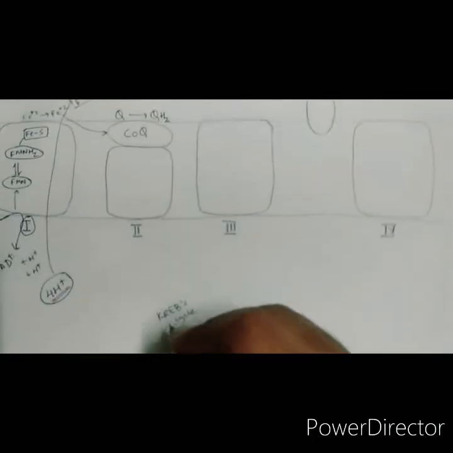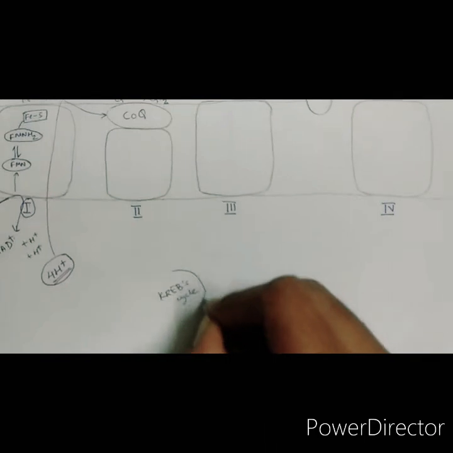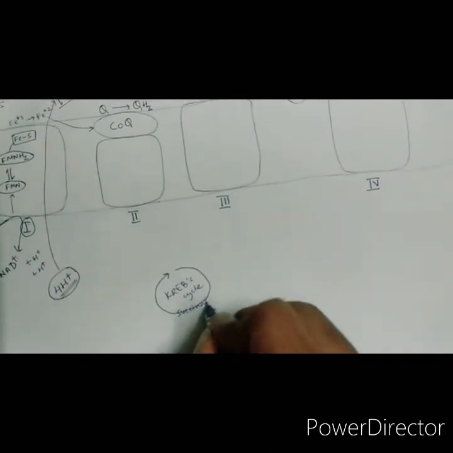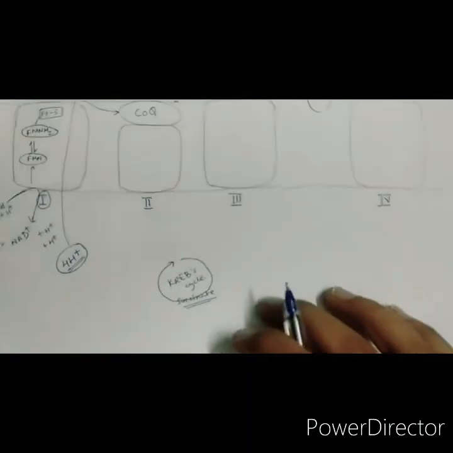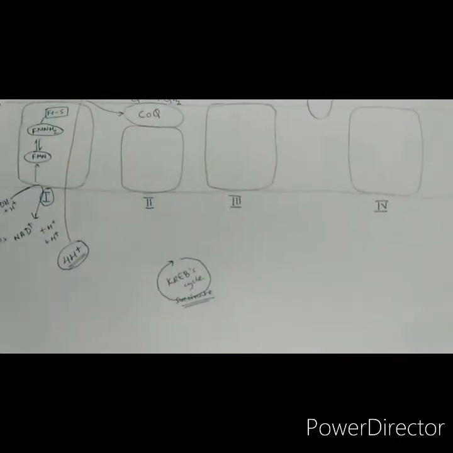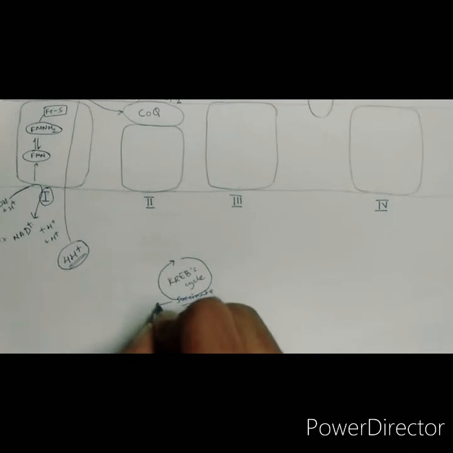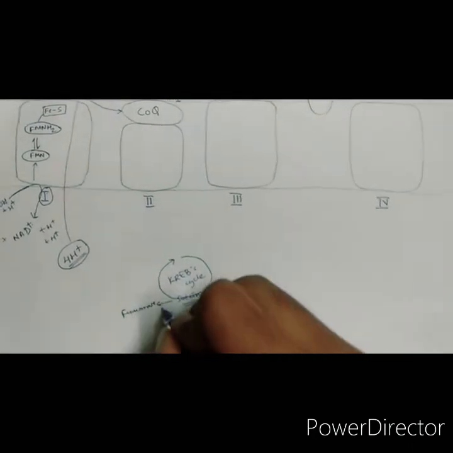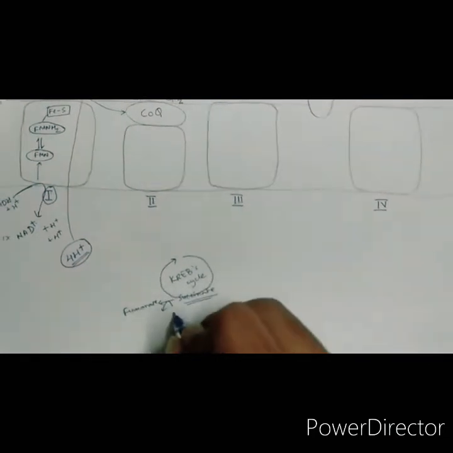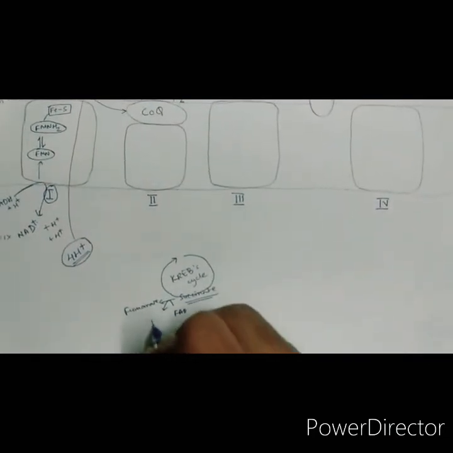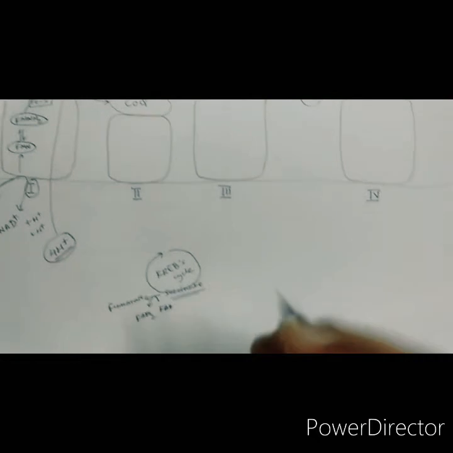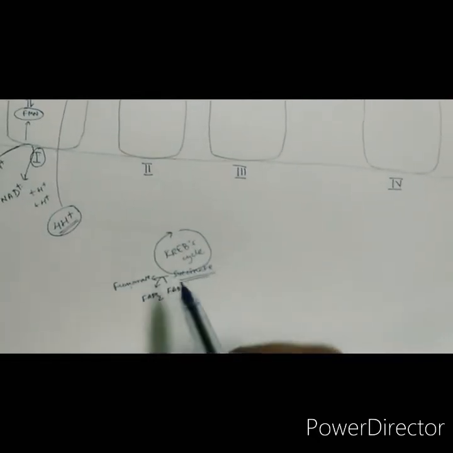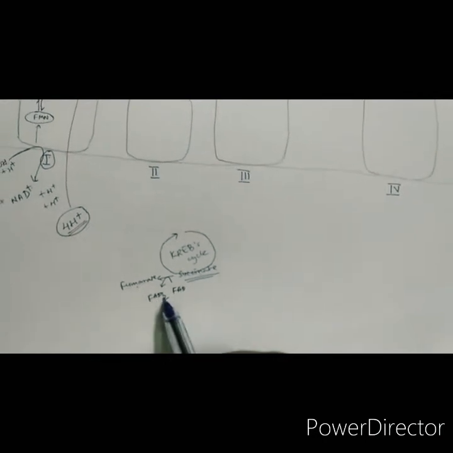One of the intermediates of this Krebs cycle was succinate, right? So this succinate gets oxidized to fumarate, along with reduction of FAD to FADH2.